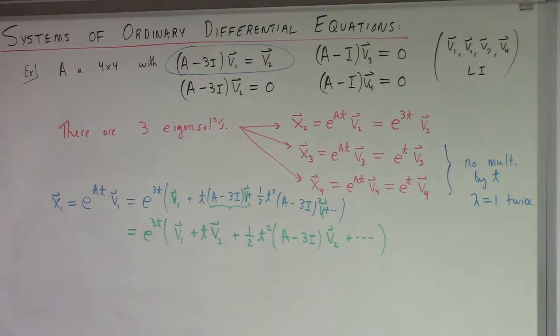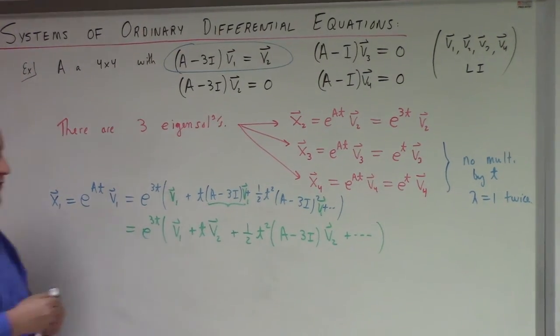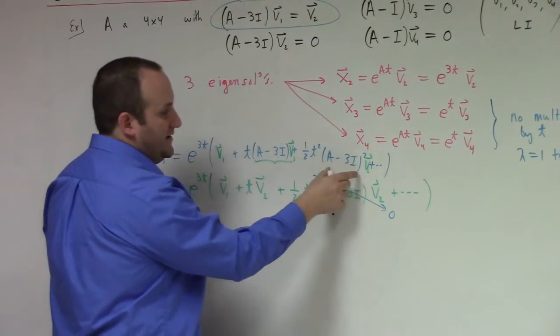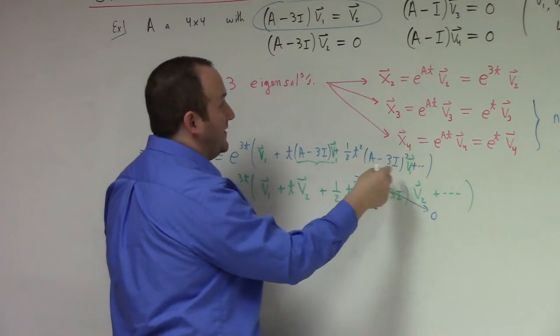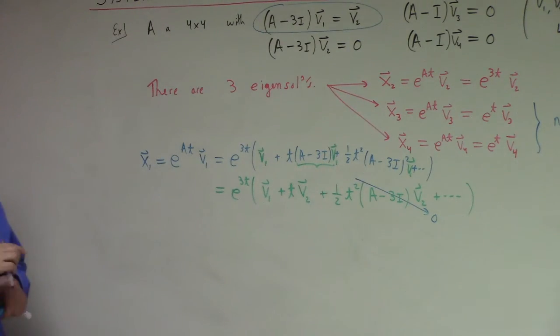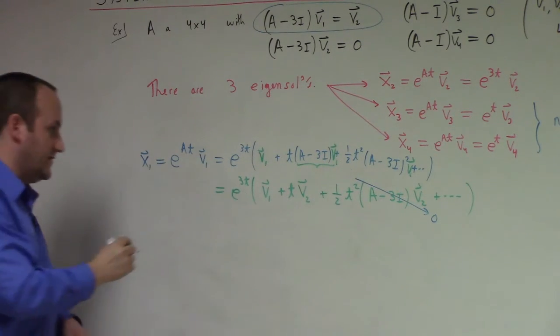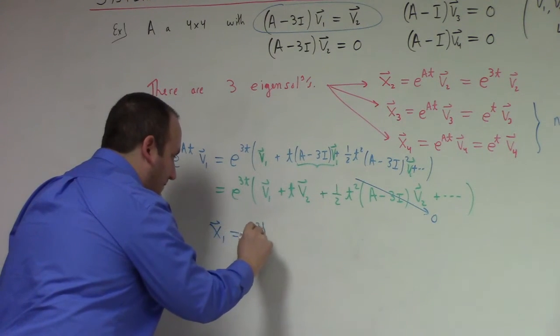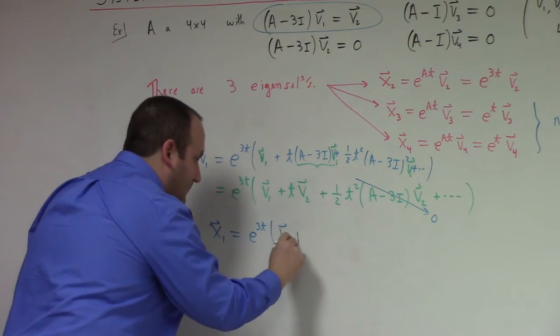Well, that's 0, because v2 is an eigenvector. v1 is a generalized eigenvector of order 2, which is why this has gone to 0. And there you go. That's the solution. x1 is equal to e to the 3t times (v1 plus t v2).